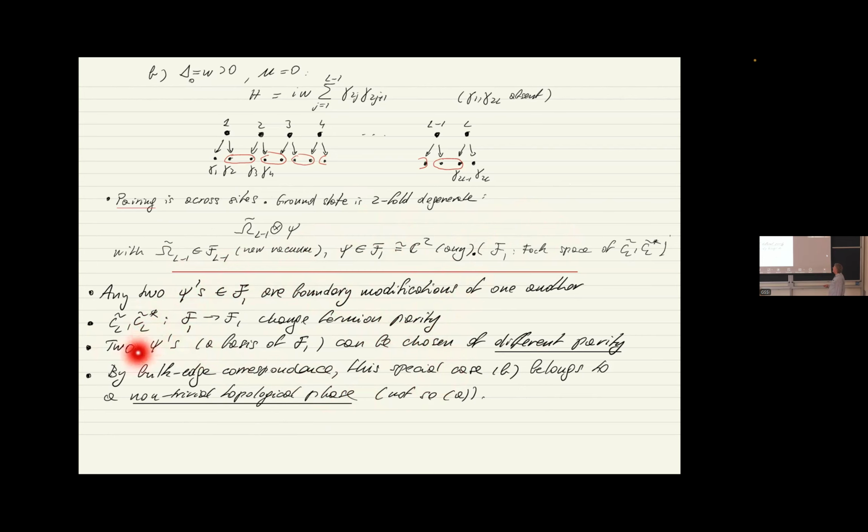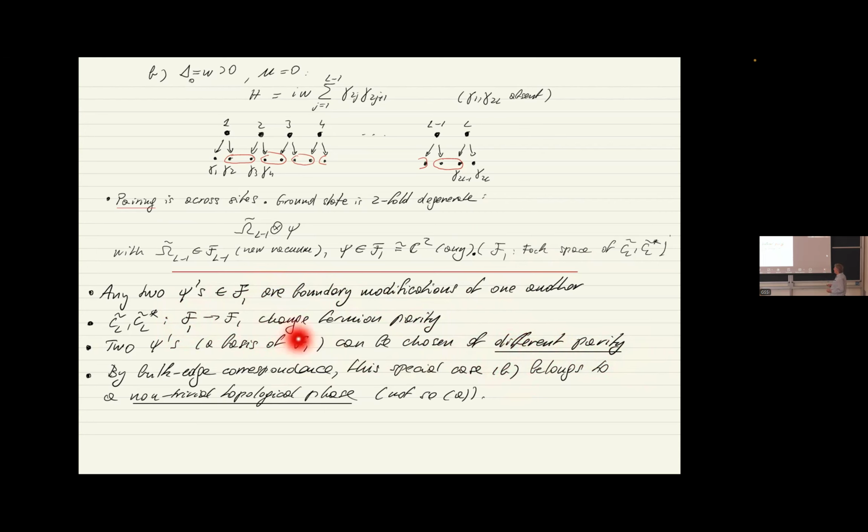Okay? And the two psi's could be chosen as a basis of that two-dimensional space in such a way that they have different parity. So C acts on that space to itself and changes the parity. So if there is a state of one parity, there's also a state of the other parity, and we can take them as eigenvectors of the parity.